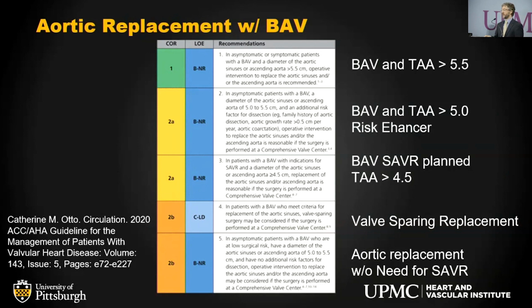If a smaller aneurysm is present and the bicuspid aortic valve is going to be replaced with surgery, then both could be operated on. And then these recommendations from the guidelines at the bottom here really talk about when to perform valve-sparing replacements or when to replace the aorta if you're not going to be operating on the valve. And in general, that's an individualized discussion, but really should be done at a comprehensive valve center.